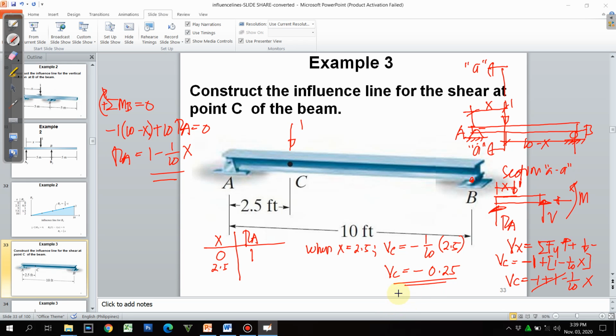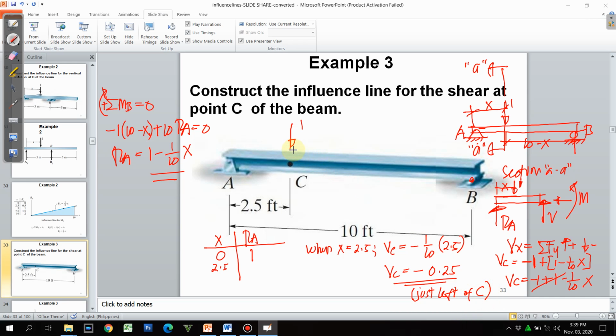This is the situation wherein your 1 is still included in your segment. Therefore, this value should be denoted as just left of C.